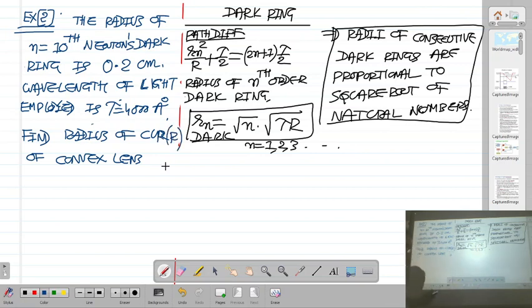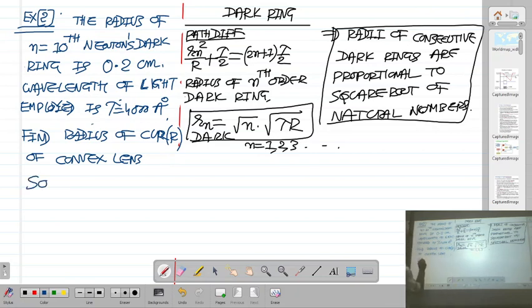So what you are asked, please check. The radius of the 10th Newton dark ring is 0.2 centimeter. The wavelength of the light used in the Newton's ring experiment is 4000 angstrom. Then what will be the radius of curvature of the convex lens?